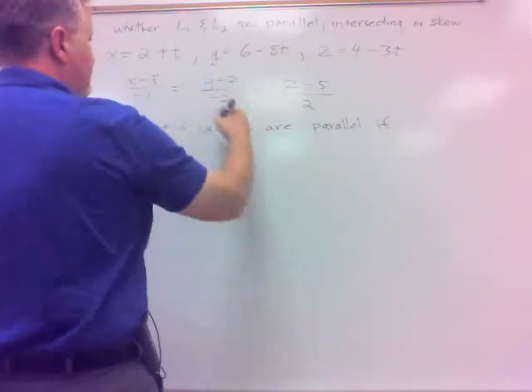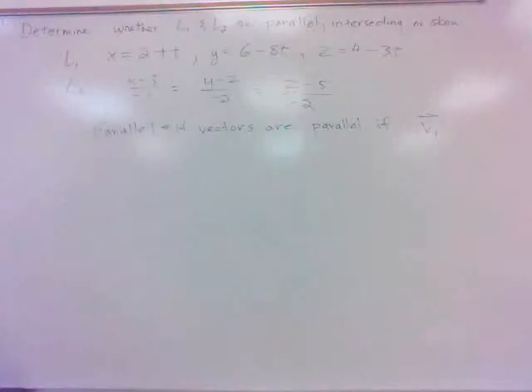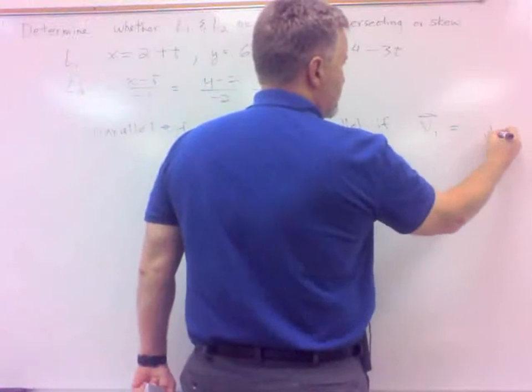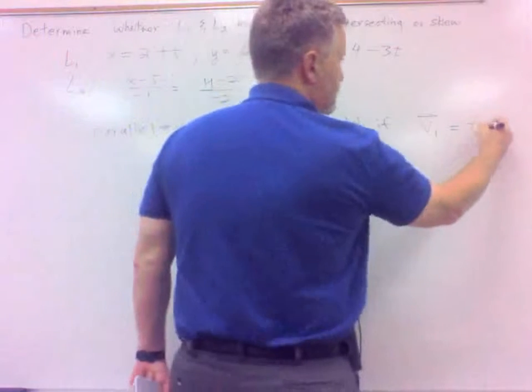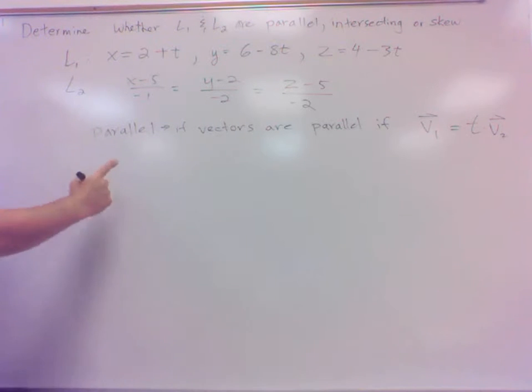So if we've got our direction vector, and the second one's direction vector is somehow a scalar multiple of the other, or they're proportional to one another. One's a multiple of the other. All right? And so that's easy to check.